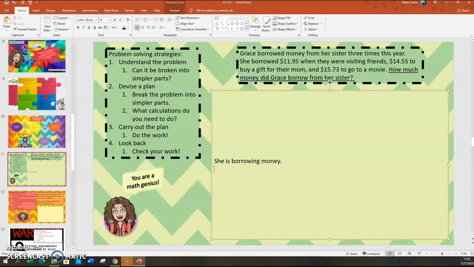Okay. We need to know how much money she is borrowing each time. So this is where we go to our devising a plan. Okay, so here's our plan. We need to know how much money she is borrowing.